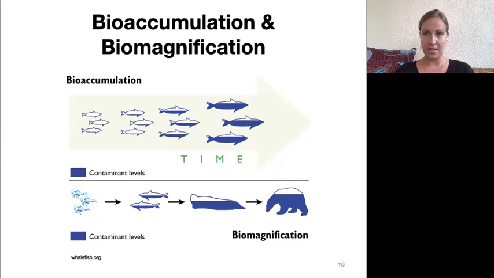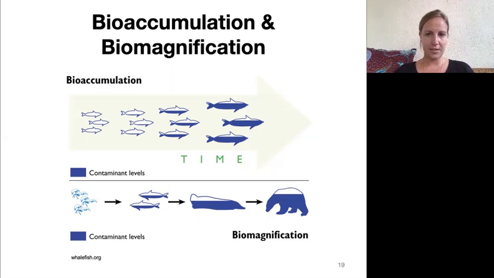So the longer it takes for the substance to leave the organism, even if the levels in the environment are not very high. So this often occurs in fatty tissue where contaminants can become mobilized and then can only be released with breakdown.